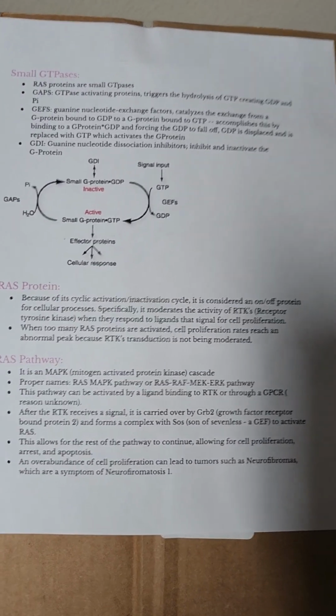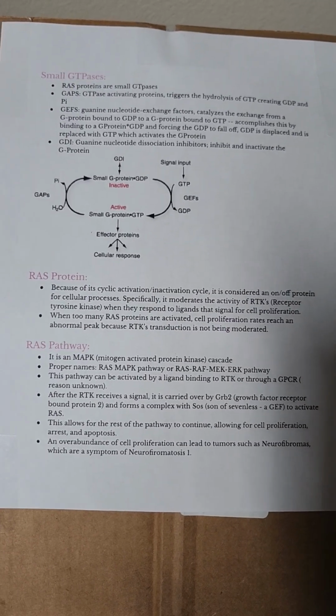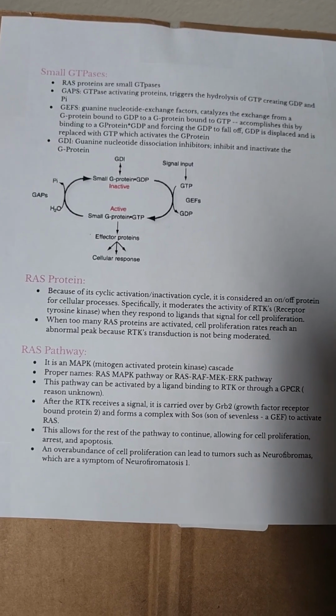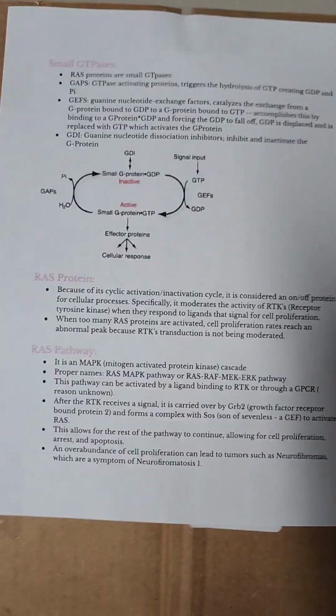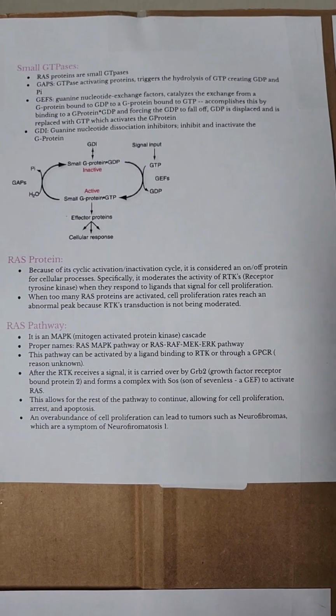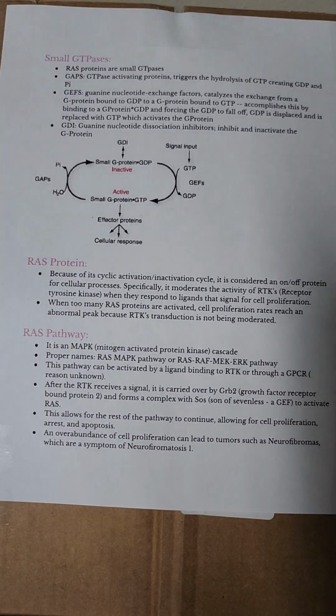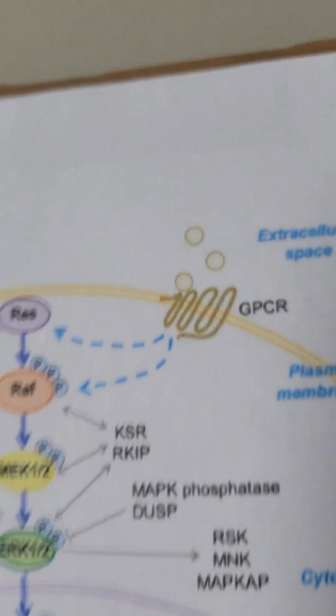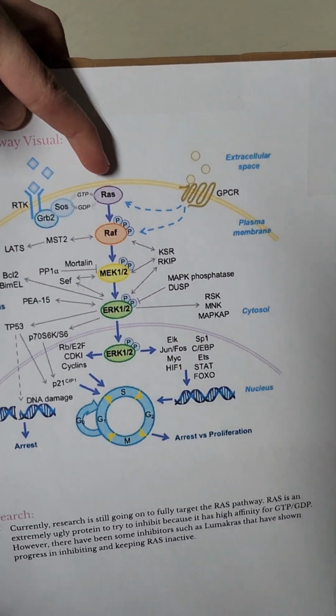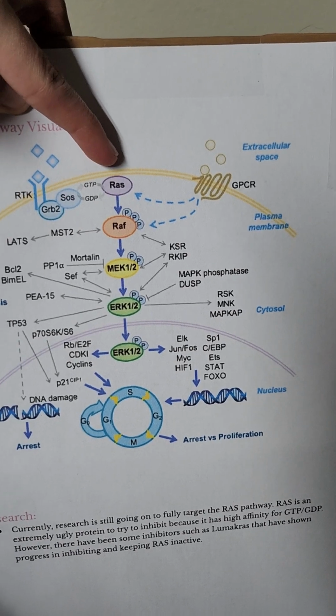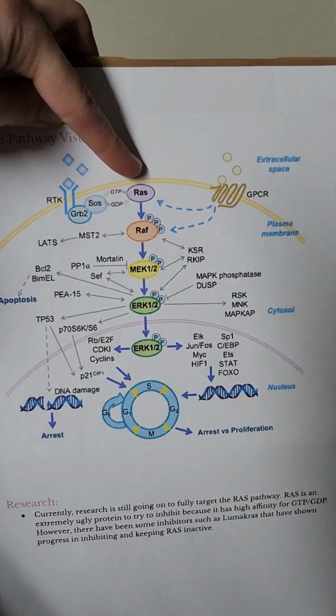The RAS pathway, the one that we're going to be looking over right now, is the ERK pathway, which is what I learned is more of the common name. Here in this pathway, you can see that the G protein RAS is one of the first ones.